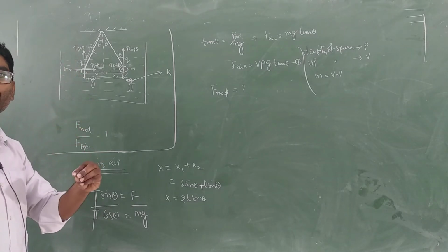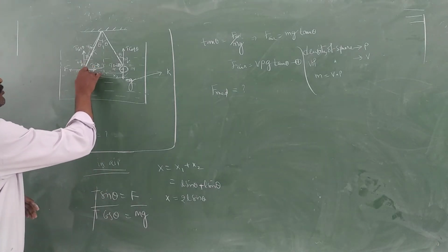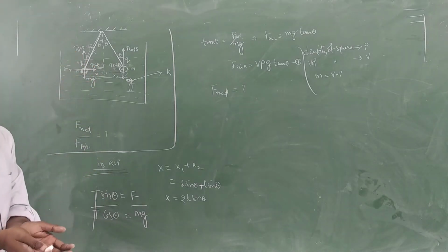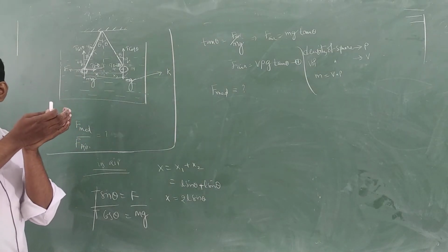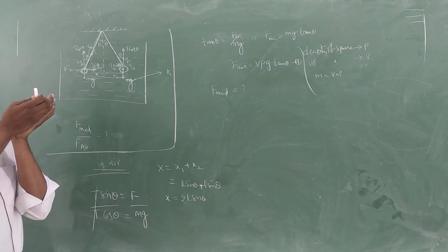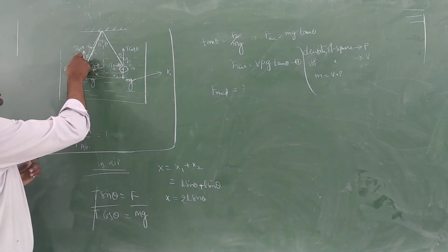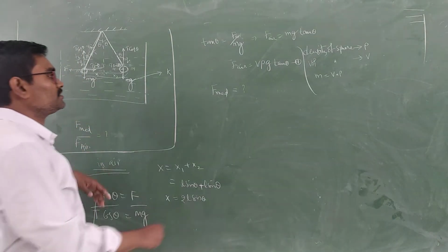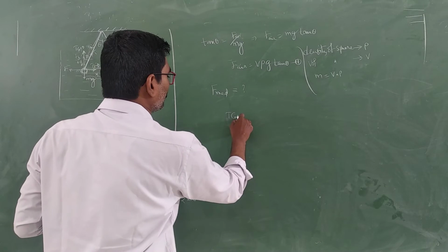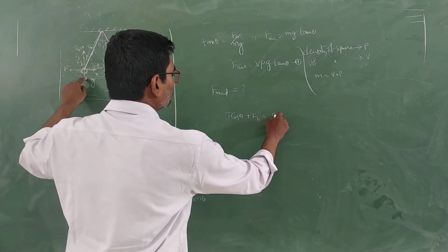If it is in liquid, some buoyant force will also act on the sphere in the upward direction, in the direction of T cos theta only. So T cos theta plus buoyant force is equal to the weight, mg.